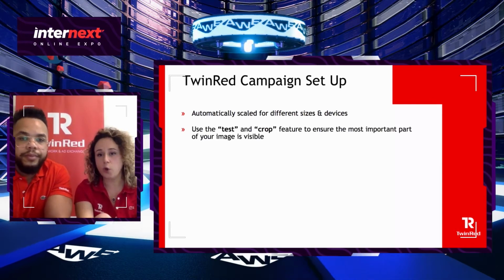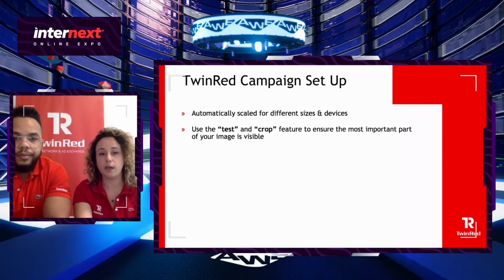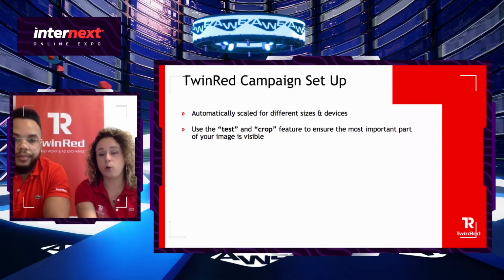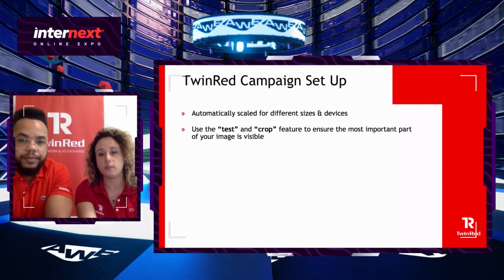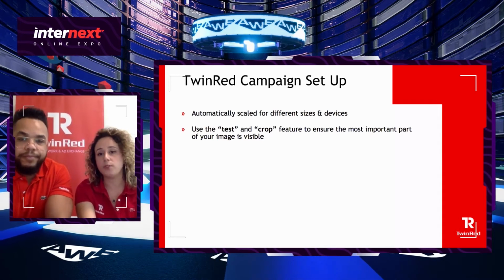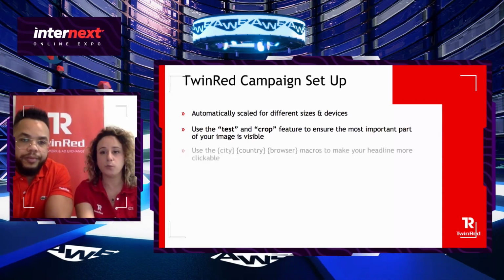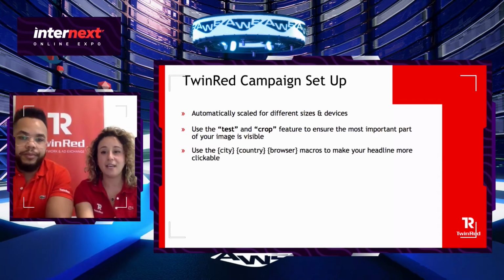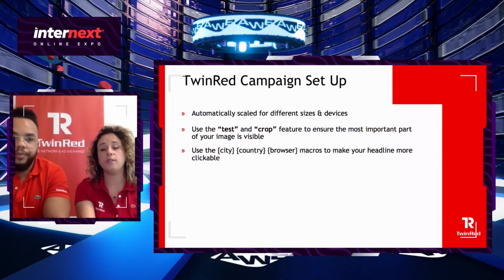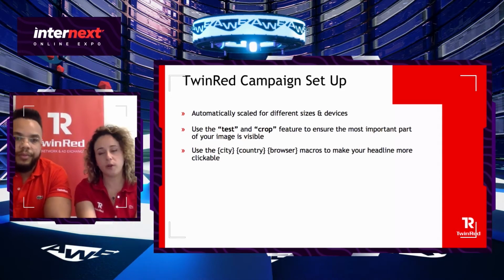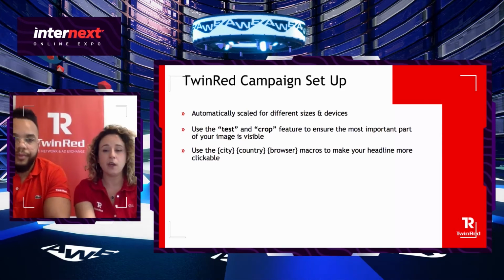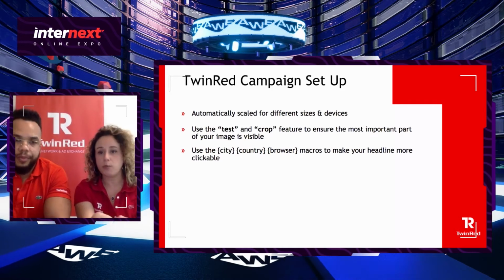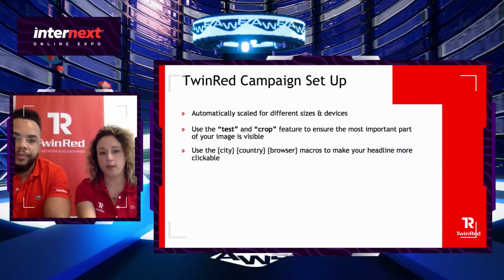Now, what we just saw, the different formats of the ad, is using our test and crop feature, which is quite unique to TwinRed. And this is one of the most important parts because you want to be able to crop your image and then test what it would look like with different sizes, so 300x250, 300x100, and ensure that your ad is really optimized for all of these formats.